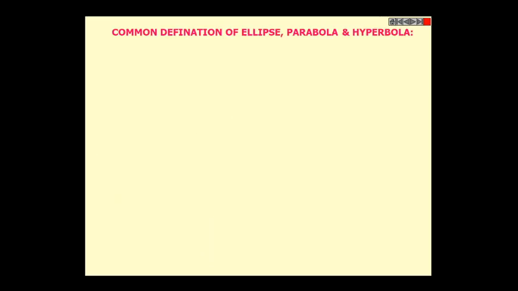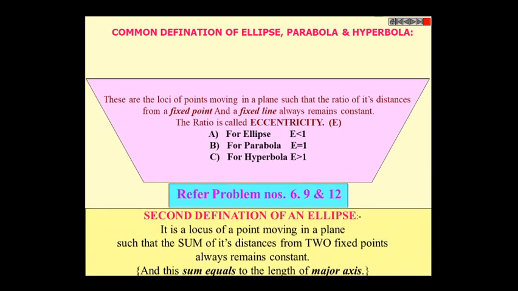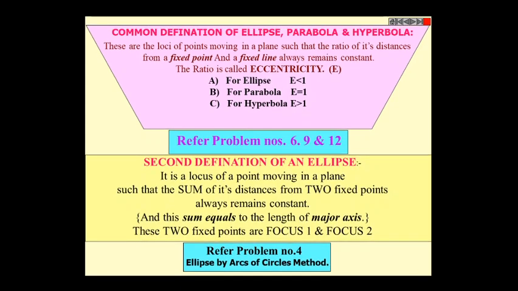First we are going to see the common definitions of ellipse, parabola, and hyperbola. The main point is that it is the locus of points moving in a plane such that the ratio of its distance from a fixed point and a fixed line always remains constant. This ratio is called eccentricity.